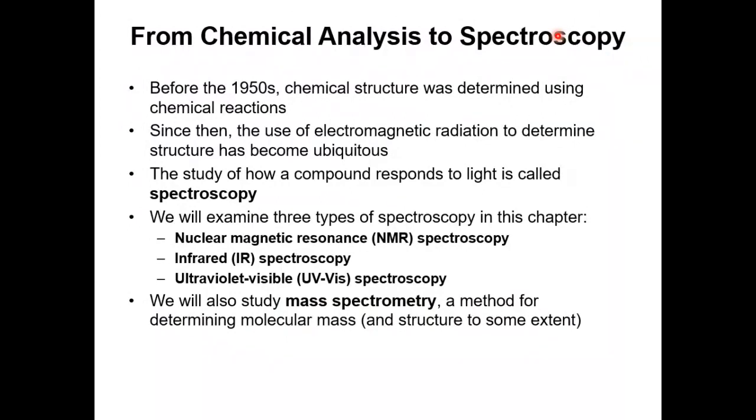Okay. So right now in organic you probably know that in this semester there's almost half a semester where you will be doing unknowns. So basically you need to do a lot of reactions systematically to figure out what kind of unknown compound you might have received. And that is actually how chemical structures were determined in the early days, before 1950.